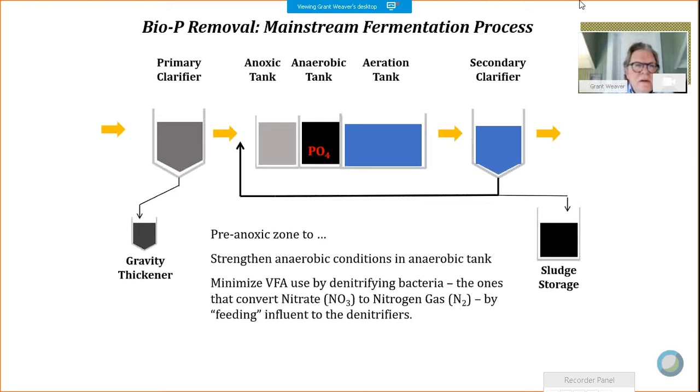The VFAs that are produced there, the majority of them, because there's fewer nitrates to compete, now they'll be mostly eaten by the phosphorus-removing bacteria, and in the same routine, the soluble phosphorus is released in the solution.